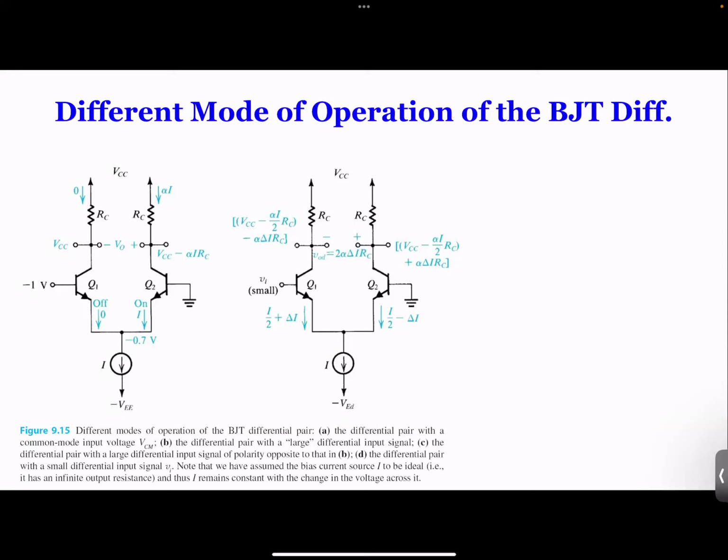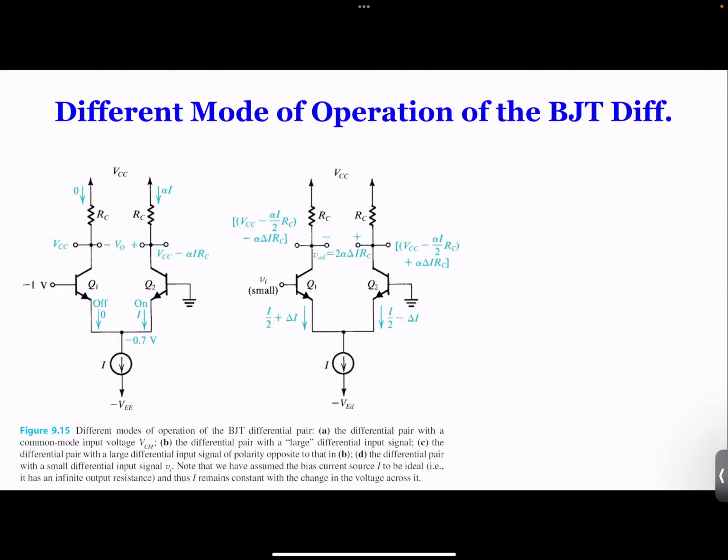Well, you can always make an assumption, and then later verify that assumption. For example, if I assume this is still on, how much voltage will be here? If this is on, this is minus 1, minus 0.7, this becomes minus 1.7.